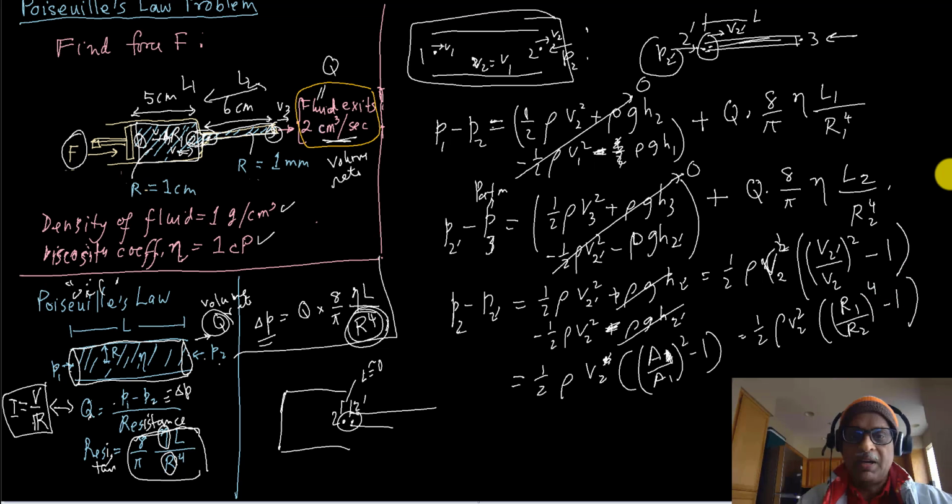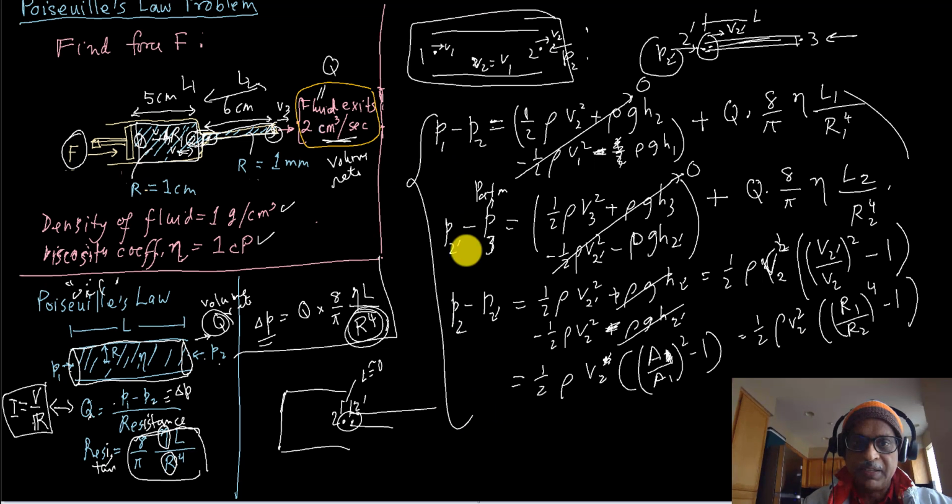Okay, so if you add all of these, when you add all on the left side, p2 cancels p2, this p2 prime cancels p2 prime, and this atmosphere.